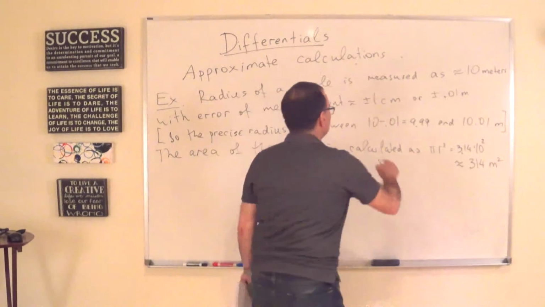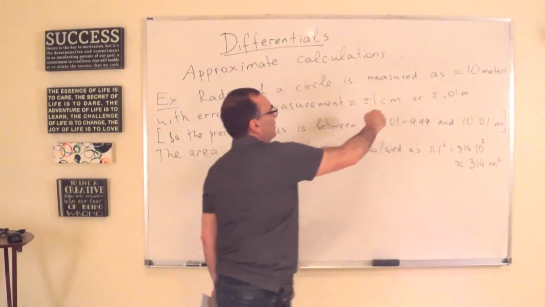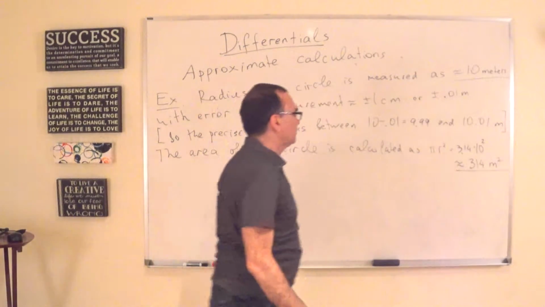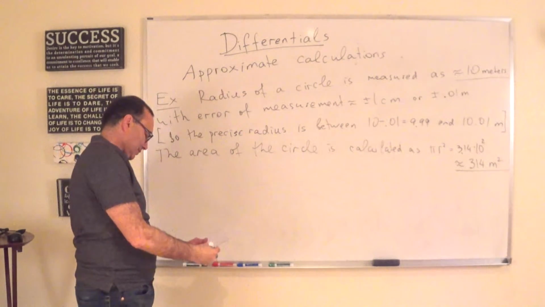Again, since the radius itself was measured only approximately, the area that we have calculated is also approximate.